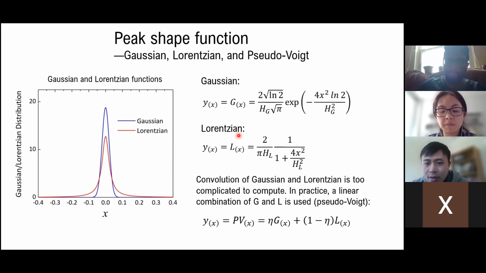For the Lorentzian, we see that it has a different mathematical definition. The Lorentzian doesn't have the exponential term; rather it's a reciprocal, but also having quadratic terms. Correspondingly, we can see the Lorentzian peak shapes are more broad, right?